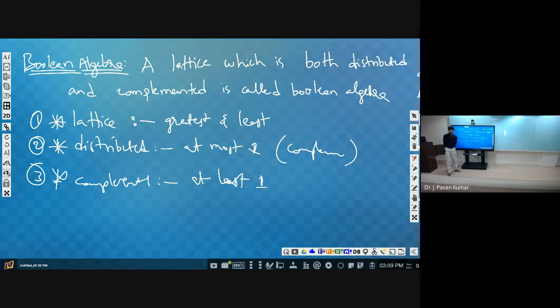How can we check that? The name itself indicates we will be having bounds, isn't it? So bounds in the sense, the greatest element we will denote with I, the least element we will denote with O. All will be related to I, and from O we will have a relation to all other elements. Then we can say that kind of lattice is a bounded lattice.